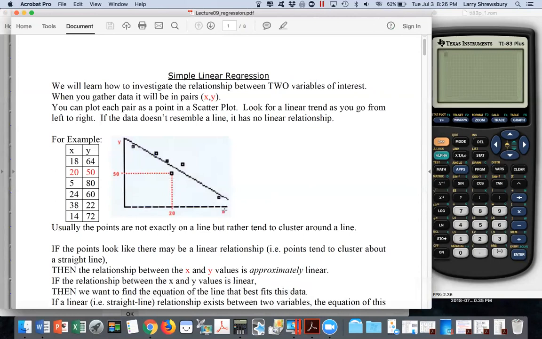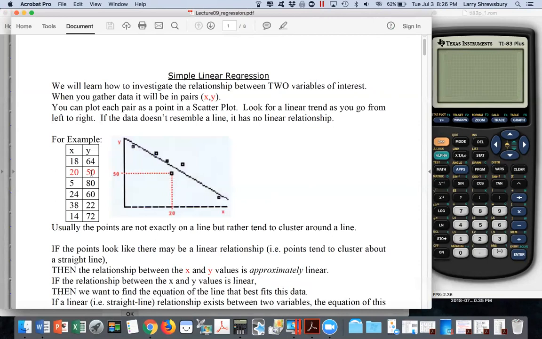The horizontal axis is your x-axis, the vertical axis is your y-axis. So those are our variables. So if this one were 18, this were 64, well, let's do this one right here, you see that it can be plotted as a point. That point represents this pair of data that came from one observational unit, one individual randomly selected in the random sample.